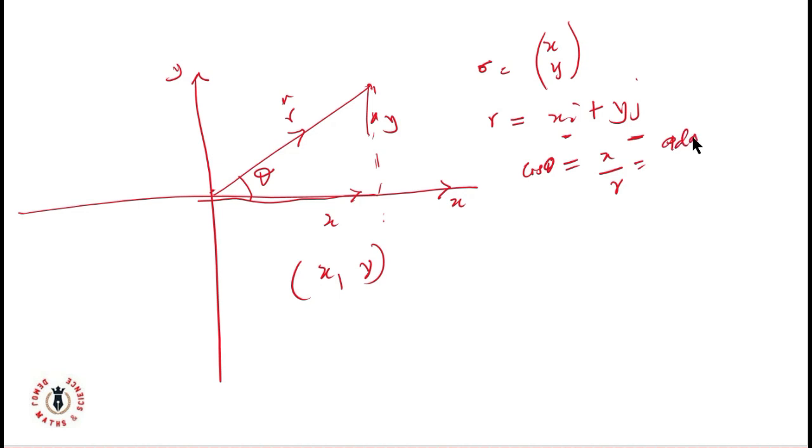That's equal to the adjacent over hypotenuse, and sin theta will be the same thing as y over r. That is the opposite over hypotenuse.